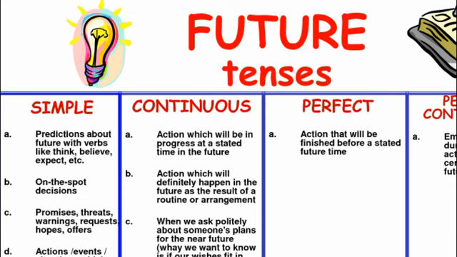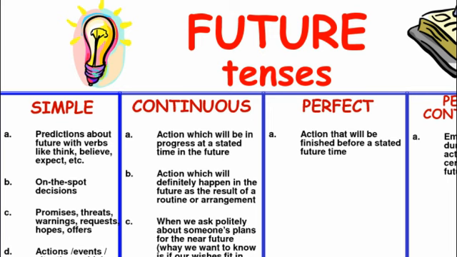Another slide, dear students, demonstrates to us a range of future tenses which are actively applied in the English language, starting from simple up to continuous perfect and perfect continuous. In the simple forms, we can observe predictions about future with verbs like think, believe, expect. In a continuous form, action which will be in progress at a stated time in the future.